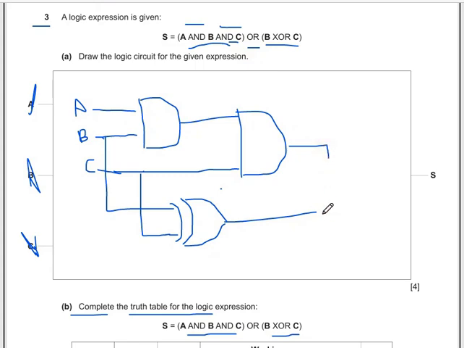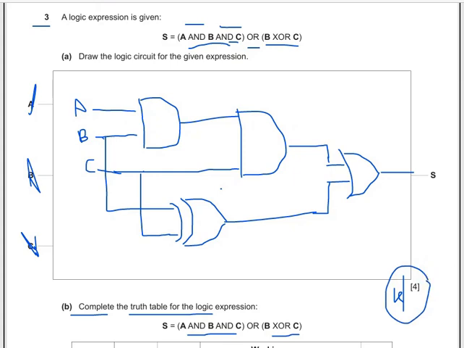So here I am going to join it with the third gate, that was the OR gate. All right, so this is the final gate. If you attempt the question like this, obviously you will get 4 marks.